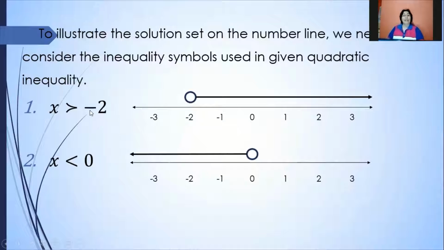Immediately above -2, we have to put a symbol. This one is known as a hollow circle. Why a hollow circle?